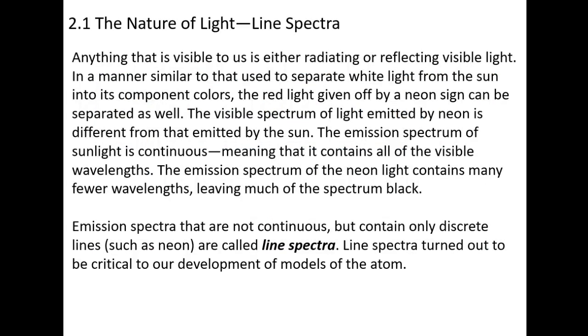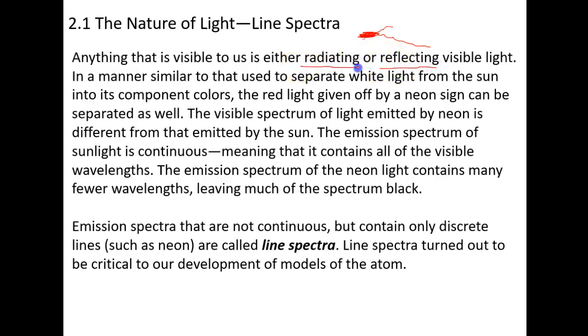This talks more about it. It basically says anything that is visible to us is either radiating or reflecting visible light. So like I talked about, the red region, okay, if I put a red color here, all of the wavelengths of light are hitting this, but only the red wavelength is bouncing off of it, and we're seeing it in our eyeball. Okay, that's the reflection part of it.